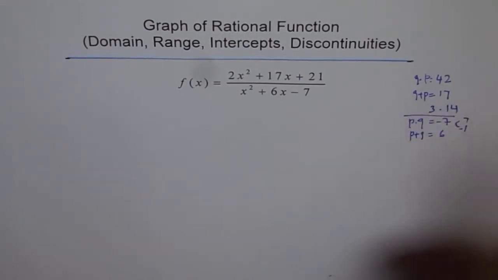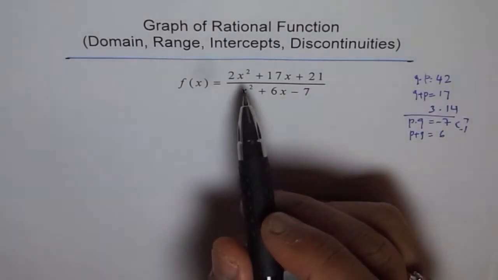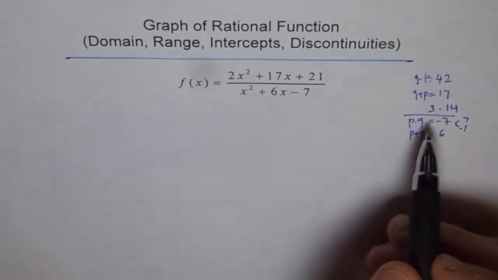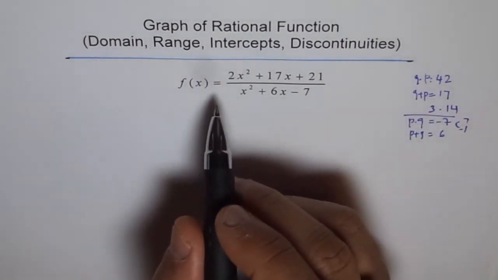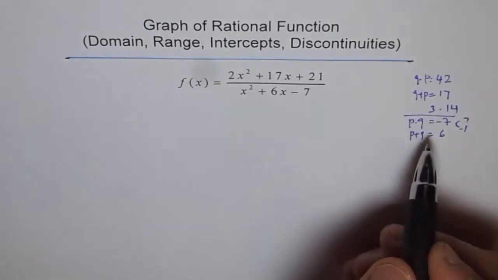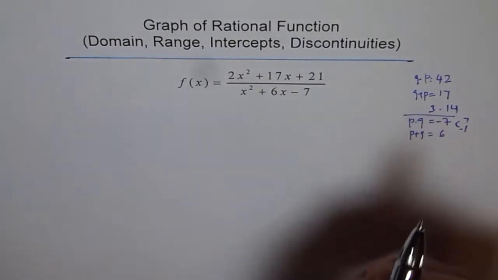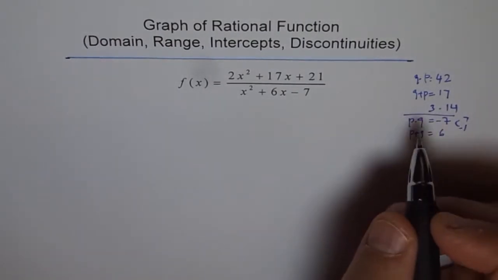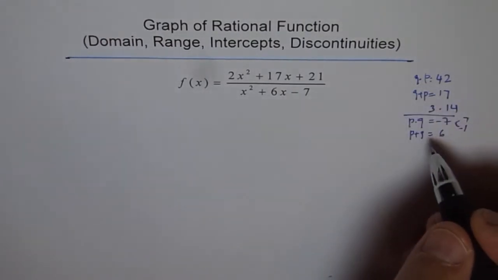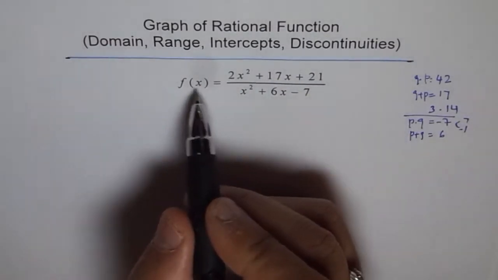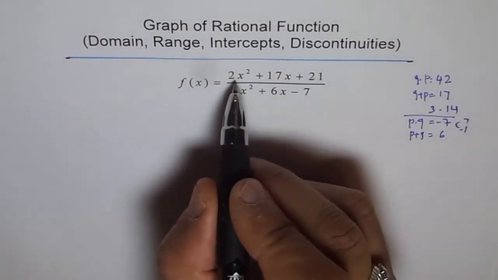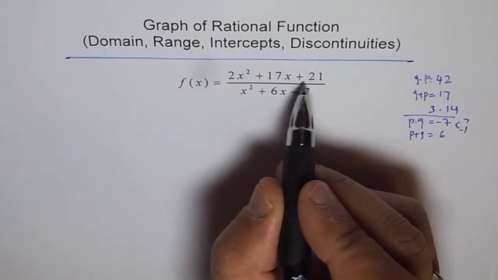Now I'm not getting into more details of factoring than this, but what we can do here is write f of x in the factored form using these factors. So we have done our analysis. Let me start with 2x squared plus 17x plus 21.